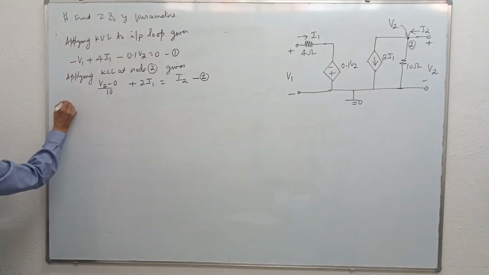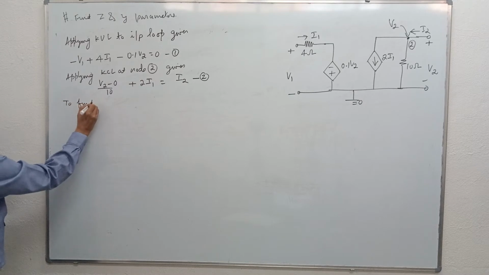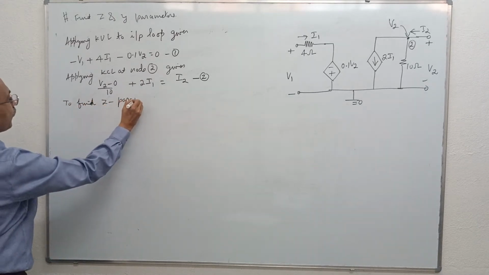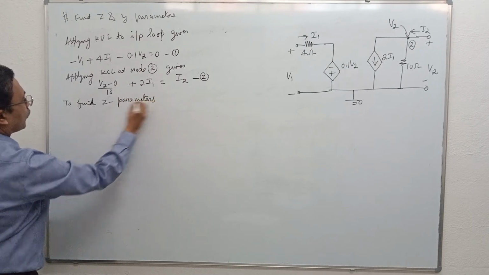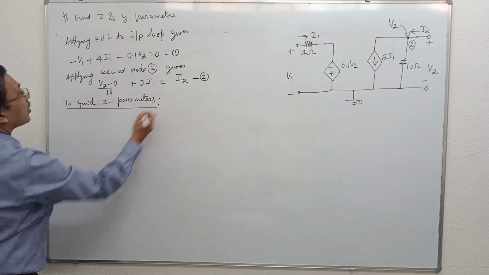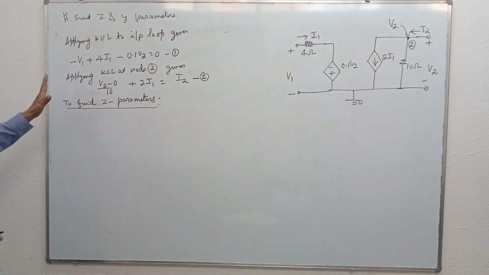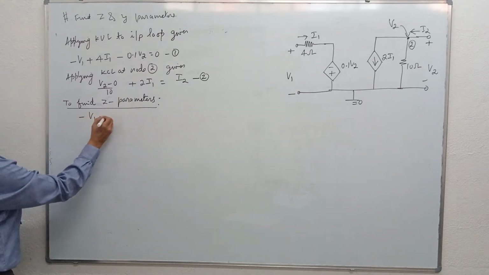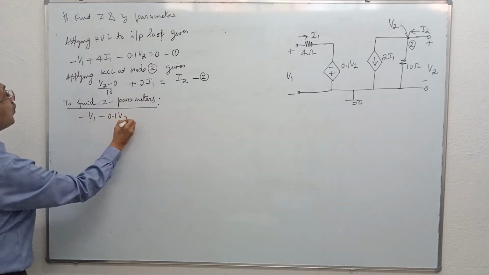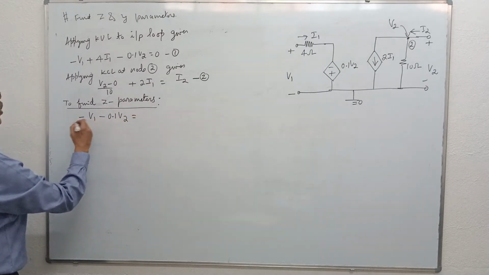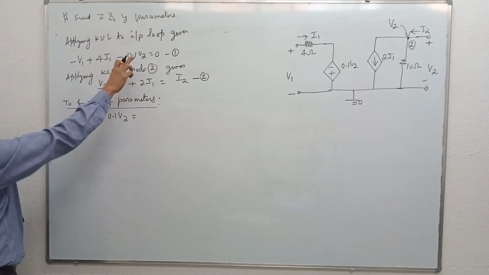To find Z parameters, rearrange equations 1 and 2 so that dependent variables V1 and V2 are on the left hand side. So what we get? Minus V1 minus 0.1 V2 is equal to... I will multiply throughout by minus sign.